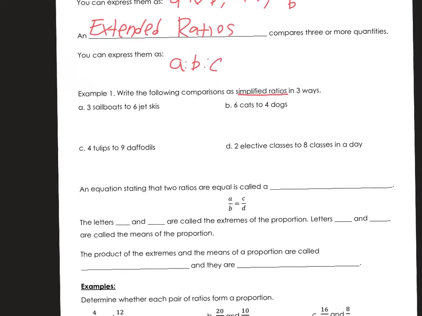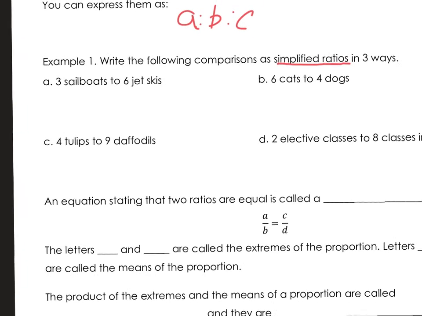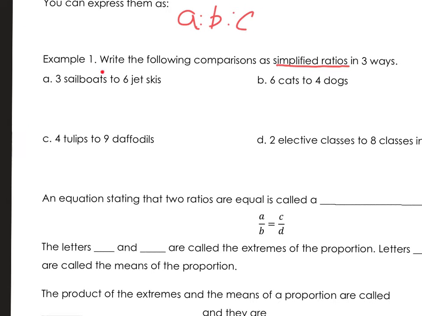So for instance, if we want to write a simplified ratio of the existing ratio 3 sailboats to 6 jet skis, we would first notice that 3 and 6 have a common factor of 3. So we could think about this as 1 sailboat to 2 jet skis.